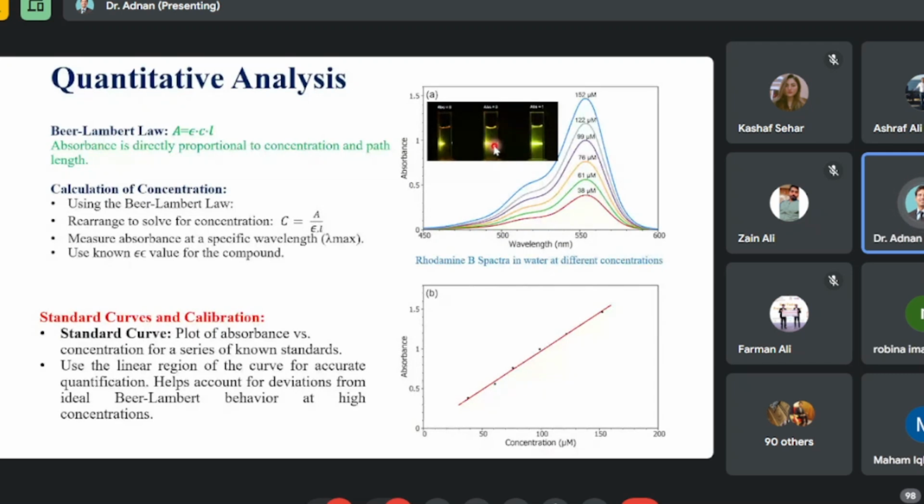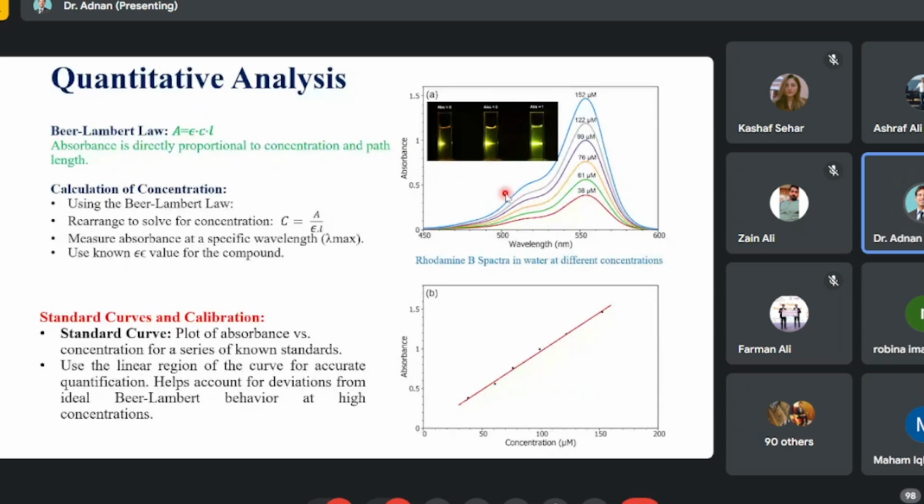And in the other cell, it is passing only through half of the cell, and then it is blocked, so 100% of the light is absorbed. So that's why, as I mentioned earlier, in the Beer-Lambert law absorption is directly proportional to the concentration. As you increase the concentration, the absorption will increase.